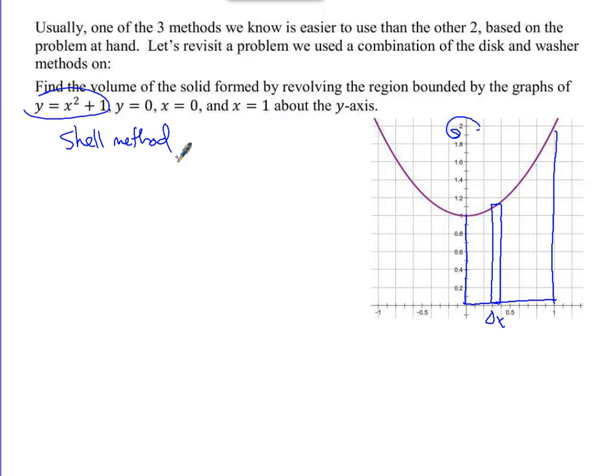Okay, so what do we need? All right, we need a p of x, and that is the position of the slider relative to what? The axis of revolution. It's not an axis that you see. It's not necessarily the y-axis or the x-axis.